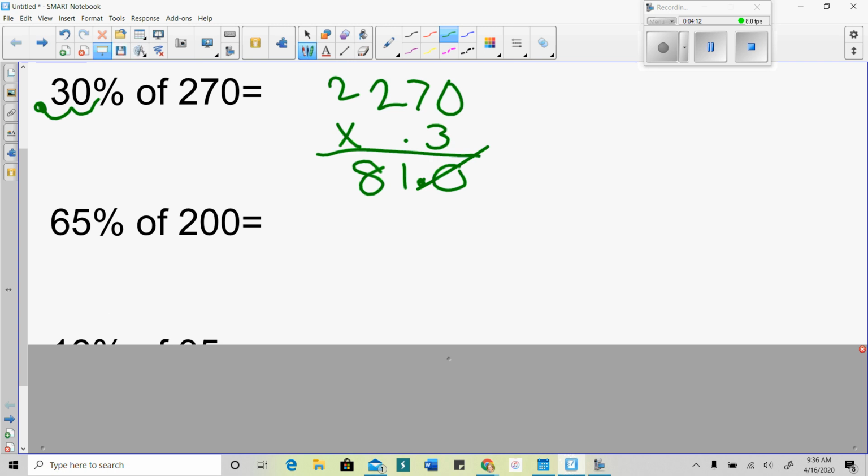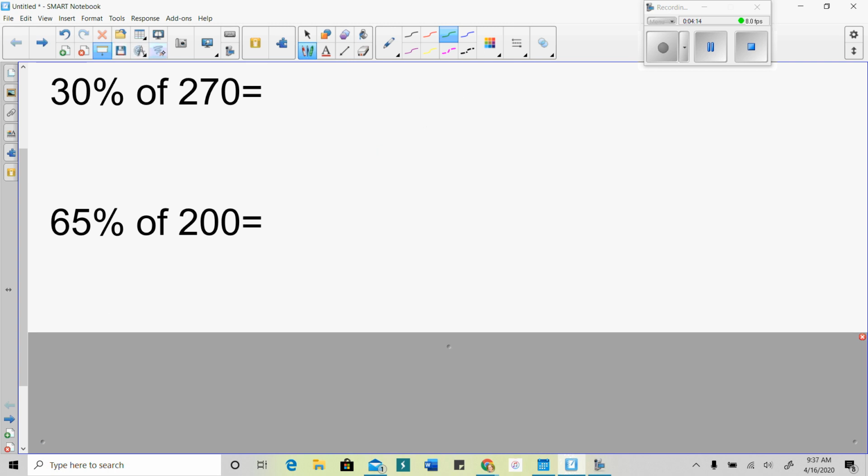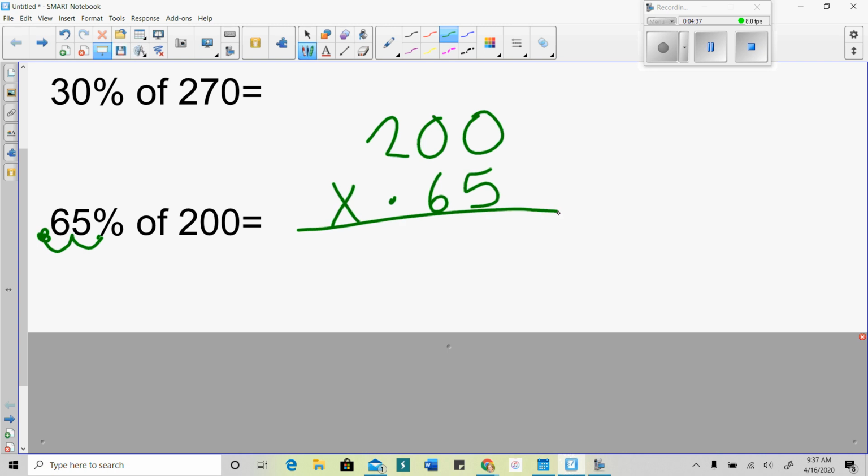Okay, so moving on to the next one here. Remember, step 1. Make the percent into a decimal. So the decimal would be at the end of the 65. I'm going to move it back 1, 2 places. And so I get 0.65. So now I'm going to do 200 times 0.65. Okay, so 5 times 0 is 0. 5 times 0 is 0. 5 times 2 is 10.